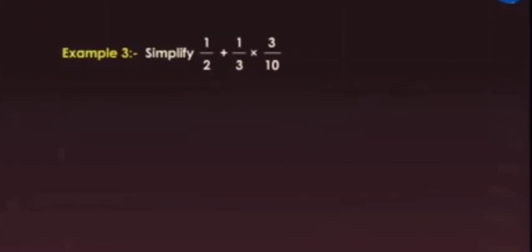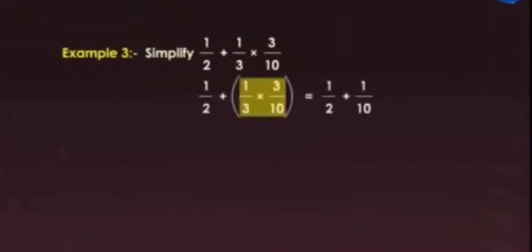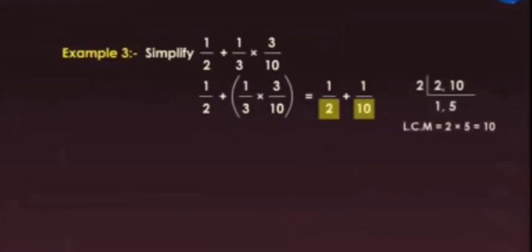Let us see one more example. 1 by 2 plus, in the bracket, 1 by 3 multiplied by 3 by 10. So first within the bracket, 1 by 3 into 3 by 10 will give you 1 by 10. Then after that add 1 upon 2 plus 1 by 10. Now first find the LCM of 2 and 10, which is 10.